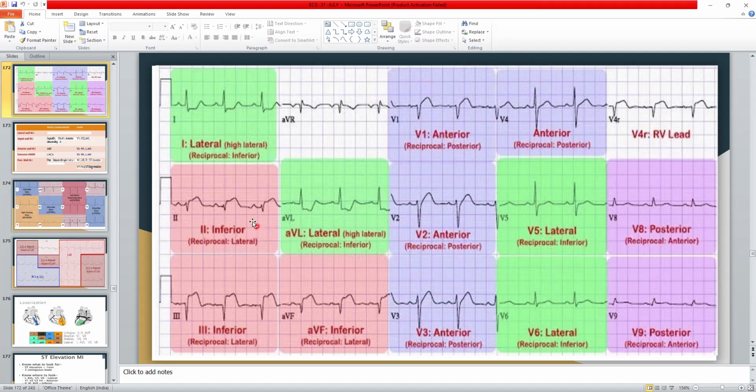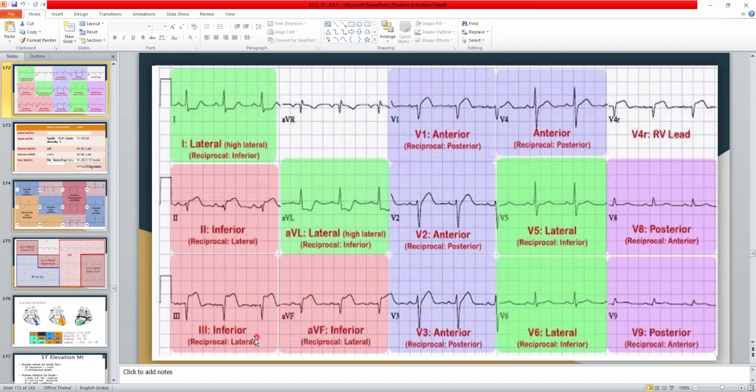When the inferior wall is involved, that is lead 2, lead 3, AVF, you will find the reciprocal changes in the other leads. If it is inferior wall, you will see the reciprocal changes in the lateral wall, that is V5 and V6. I hope you people are understanding.